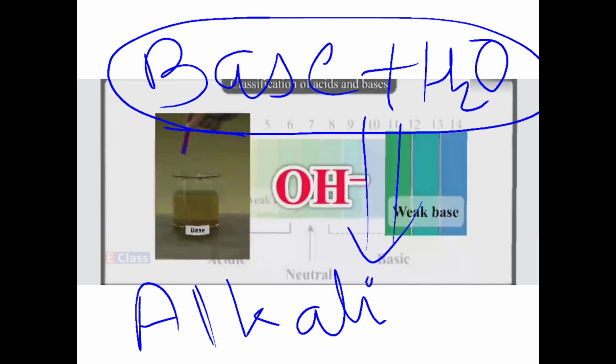Clear? So strong acid, complete dissociation. Weak acid, partial dissociation. Strong base, complete dissociation. And the weak base, partial dissociation. Okay, so you can remember, in strong, complete dissociation takes place and in weak, partial dissociation takes place.